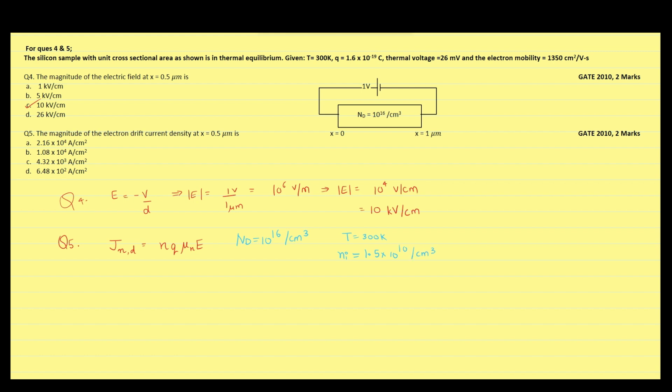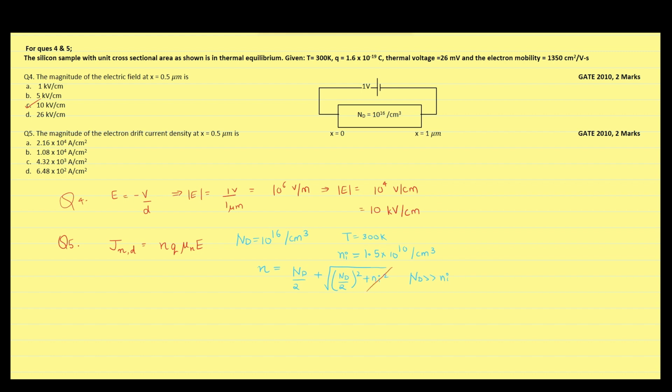And for completely ionized extrinsic semiconductor, we have free electron concentration equal to, but you can see that Nd is significantly greater than Ni. Therefore, we can neglect this term.